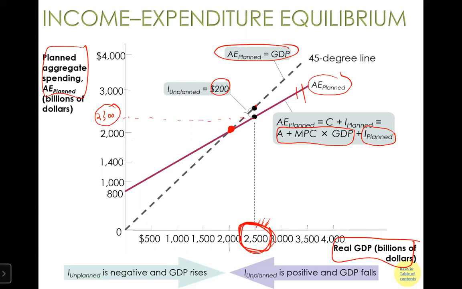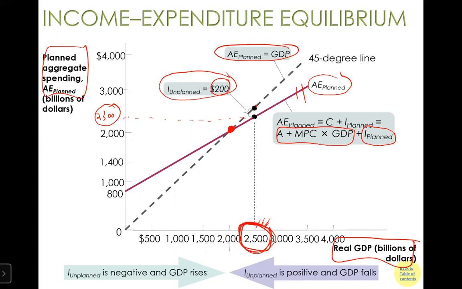So you can't sell your stuff, and your inventory is adding up. Just think about a car dealership: they overestimate, produce too many cars, and cannot sell them. The inventory piles up, and it shows up as unplanned inventory investment going up.